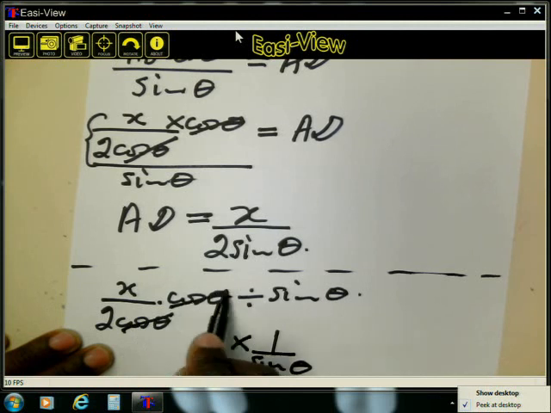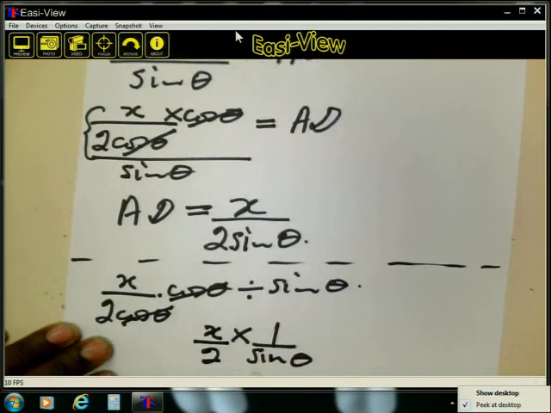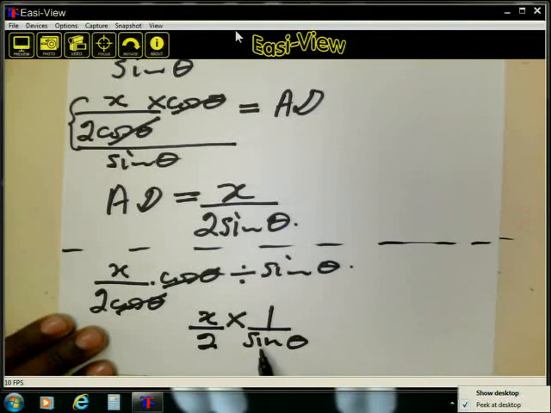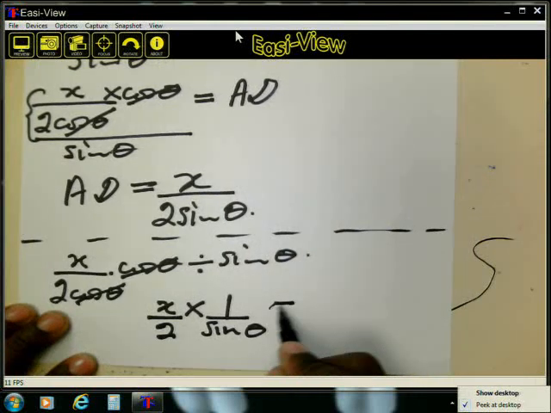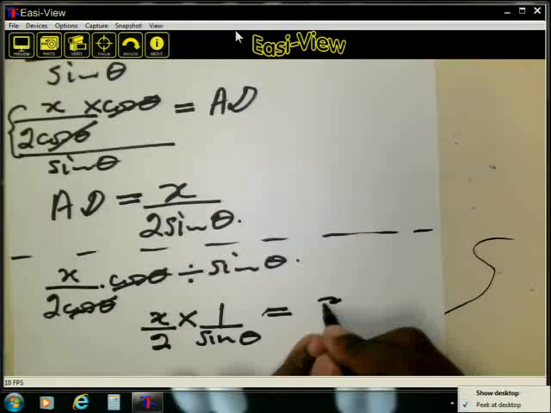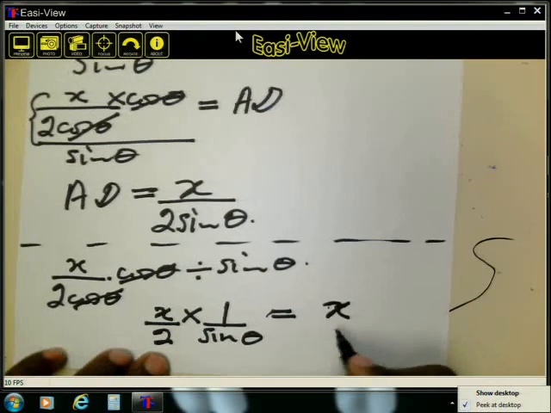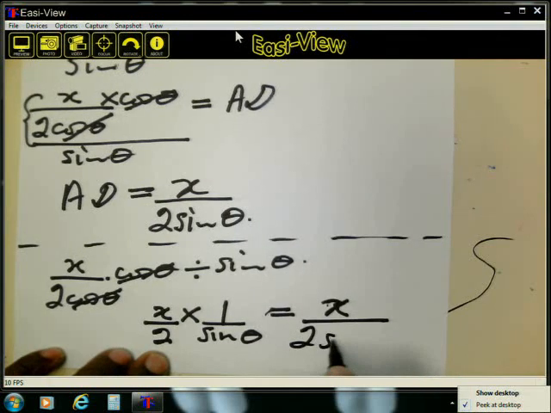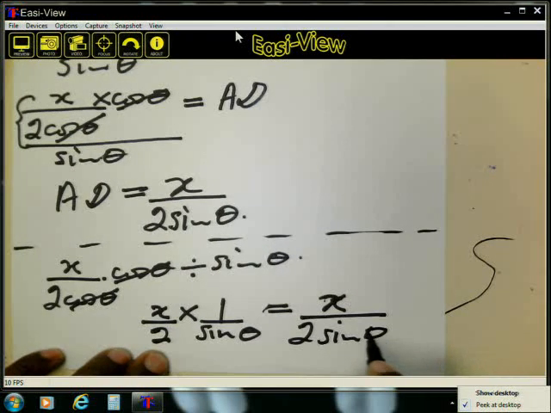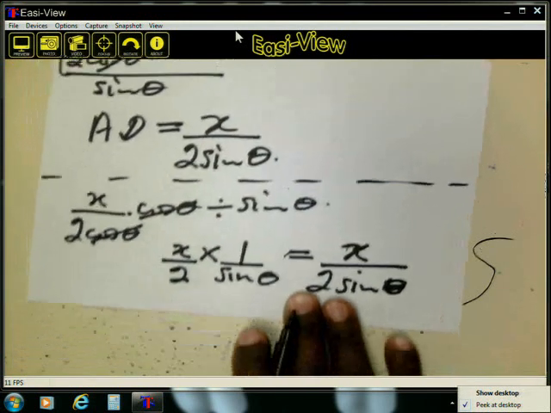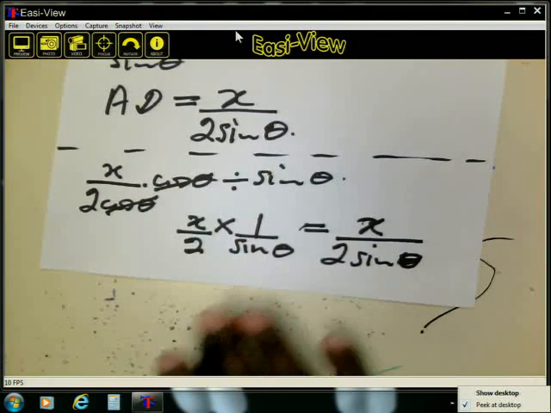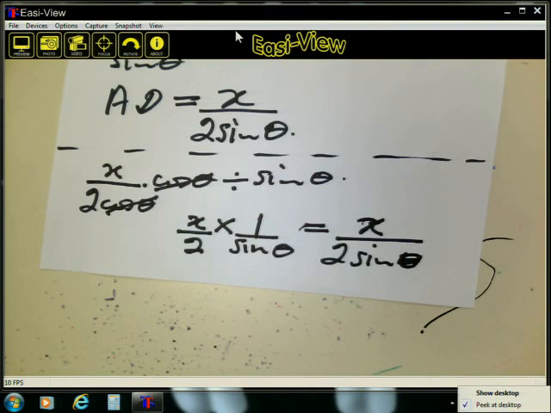And this cancels. You have x over 2. Now we can see that the 2 and the sine are on the same side. X times 1 is x. And 2 times sine theta is 2 sin theta. It's 2 sin theta. That's about all.